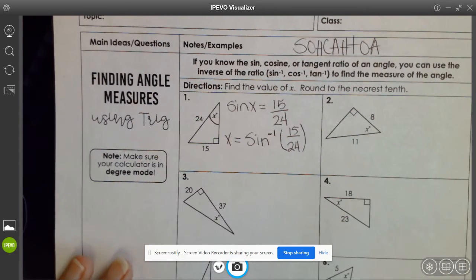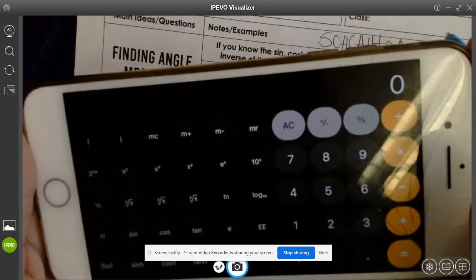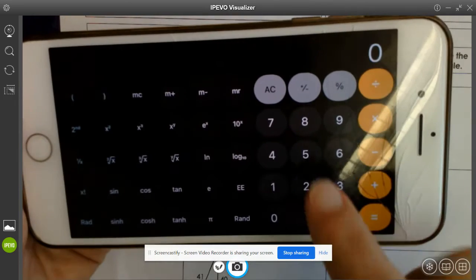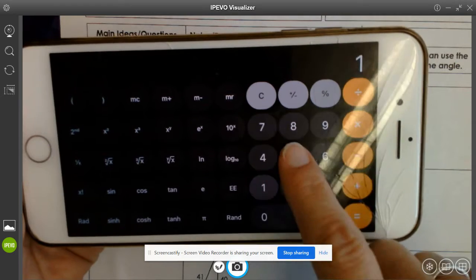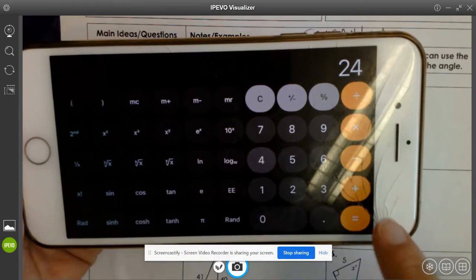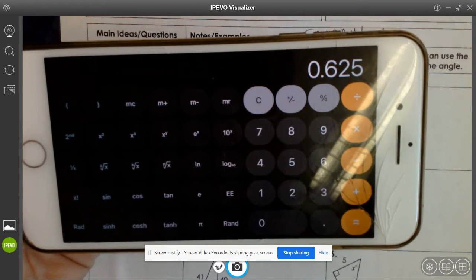And how do we put that in the calculator? Well, let me show you. We're going to find what 15 over 24 is. That's a division, right? So 15 divided by 24 equals, you got a number like that.